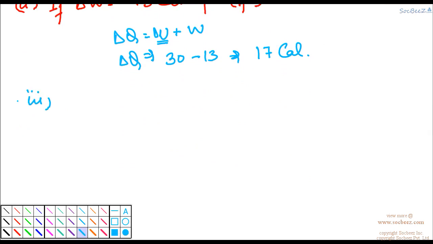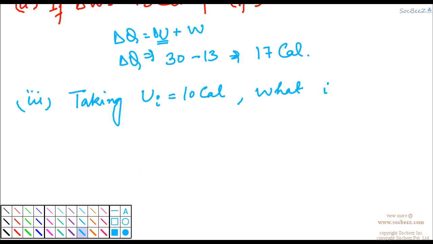Then the third question asks us, taking the internal energy at the state I as 10 calories, what is UF? As we know, the change in the internal energy depends only on the final state and the initial state.